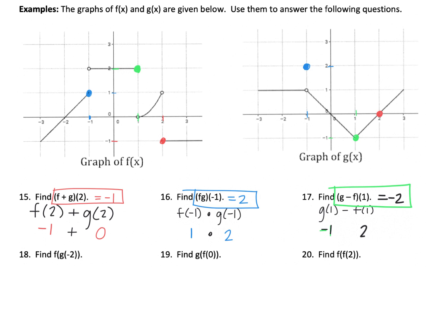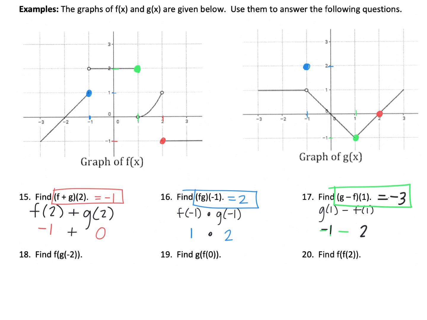I don't know why I did multiplication. Yeah, let's subtract instead, shall we? I'm so sorry. -1 minus 2 is not -2. It is what? -3. Okay. It'd be good if I read the directions. -3. Better, because you go -1 down 2 more.